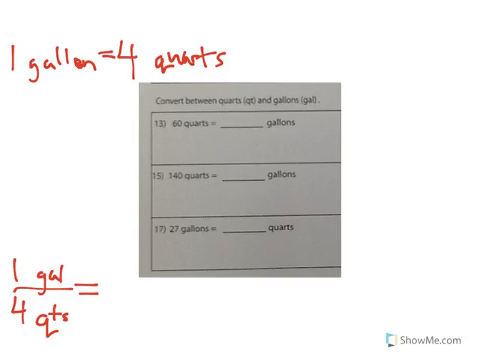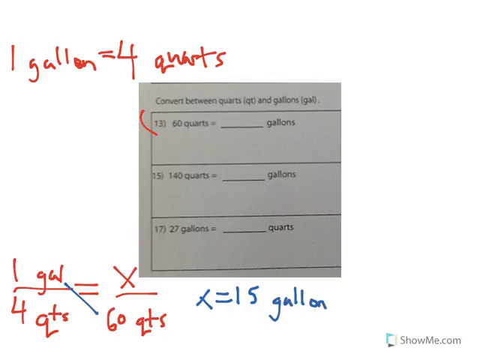And then what goes on the bottom for this first problem? 60 goes on the bottom because it's quarts, and I'm looking for the value x. So once again, I'm going to do 1 times 60, that's 60, divided by 4, so x is going to be equal to 15. And that's the amount of gallons that 60 quarts is equal to.